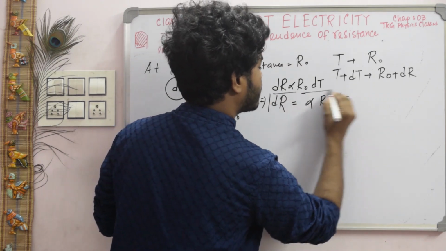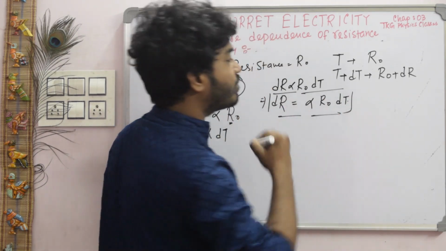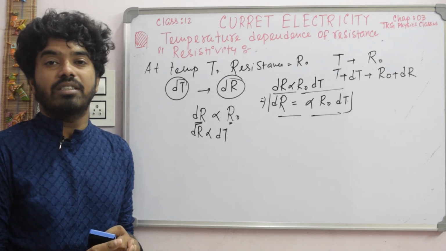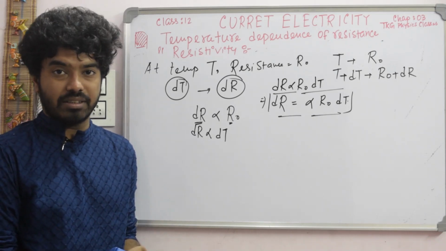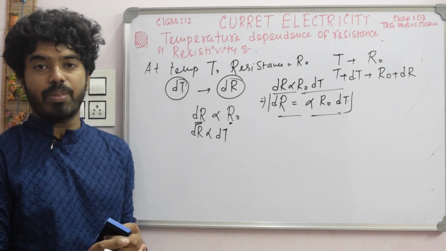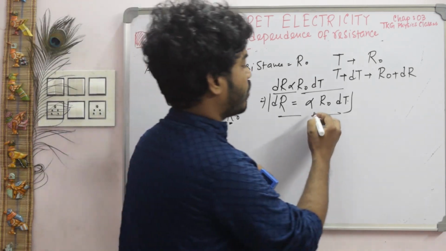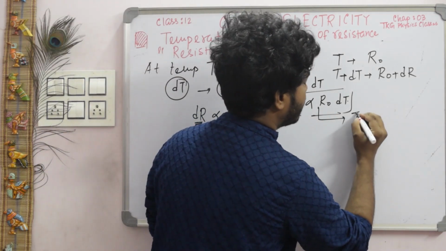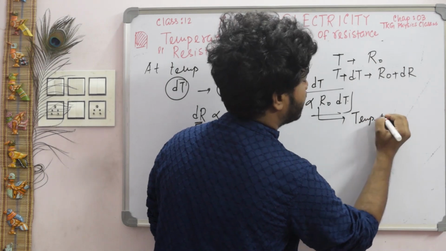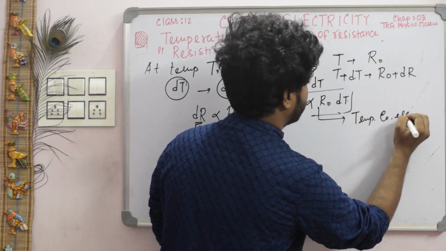This equation gives the mathematical form of the variation of resistance with temperature in the case of a conductor. Here alpha is called the temperature coefficient.